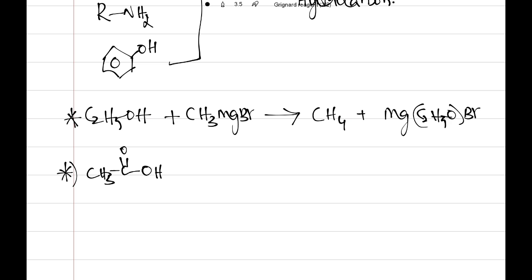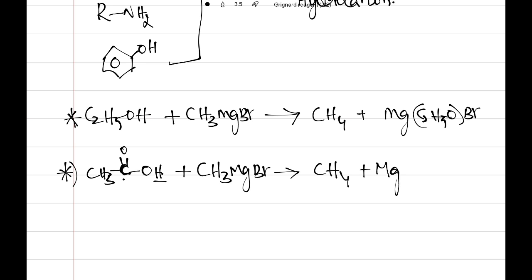Look at this one here: carbon has an electrophilic center and also has acidic hydrogen. As we discussed earlier, the Grignard reagent first acts as a base, so it attaches to this acidic proton, and we get the hydrocarbon along with this byproduct.